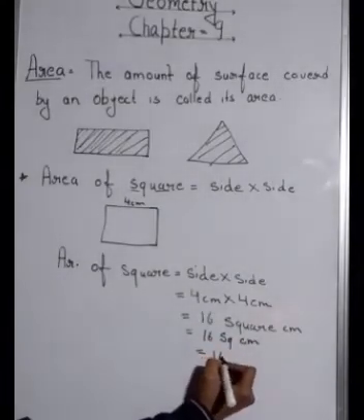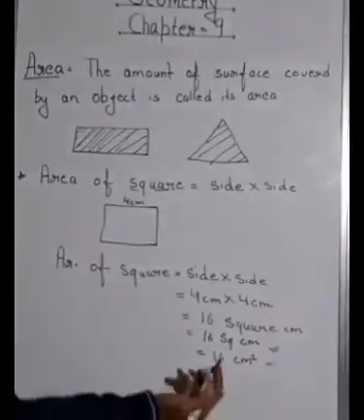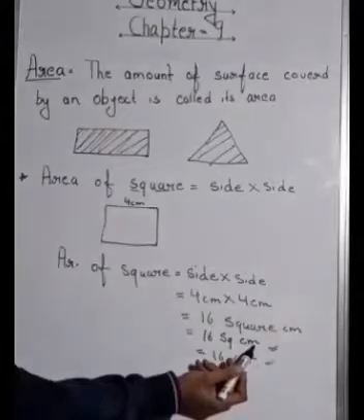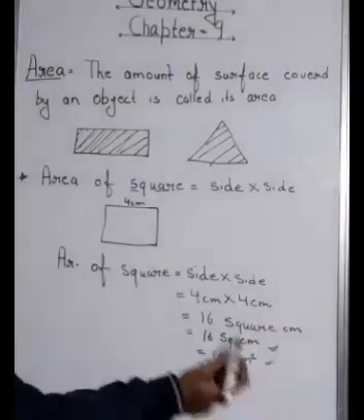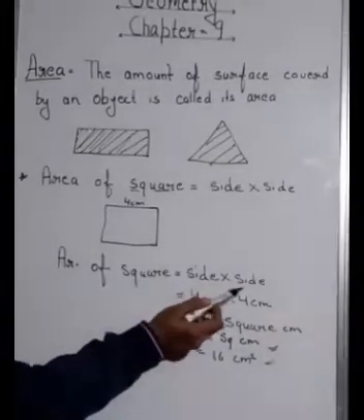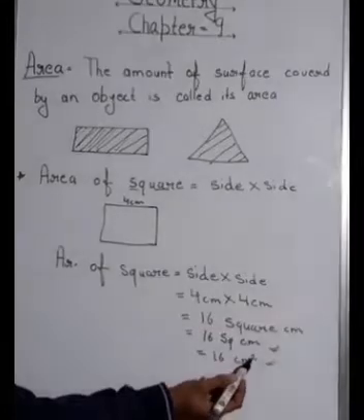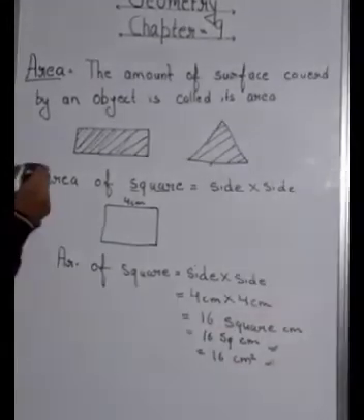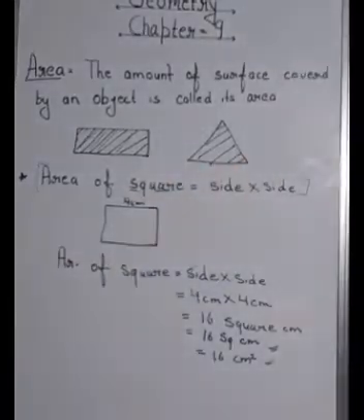Or you can write 16 centimeter square. Both are correct. You can write 16 square centimeter or 16 centimeter square. Why are we getting square over here? Because we are multiplying two sides, so we are multiplying 2 units, and we get centimeter square. So this is the formula for finding the area of a square.